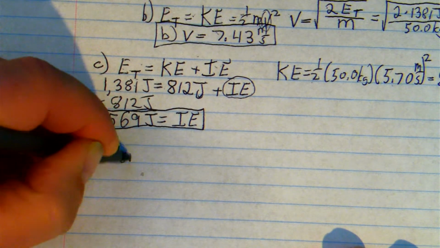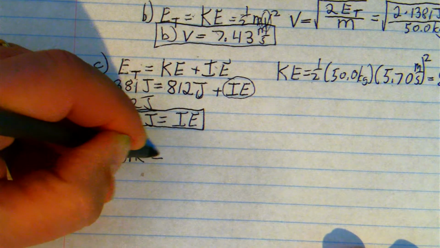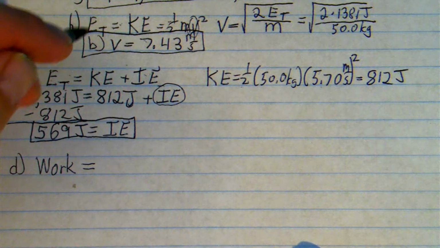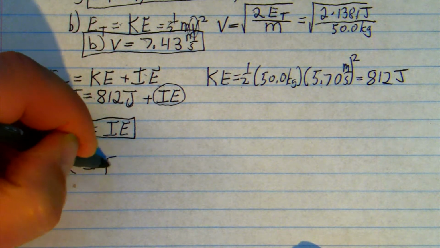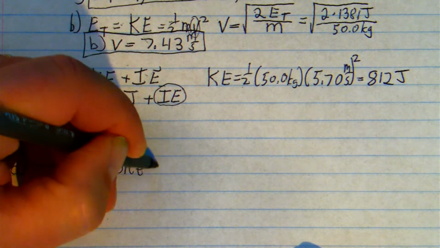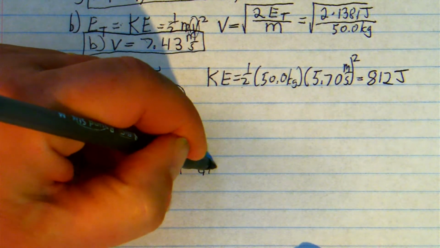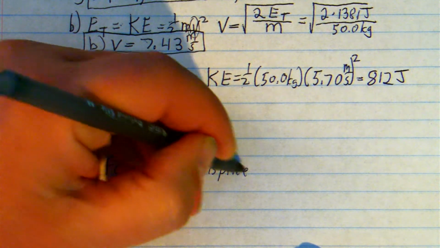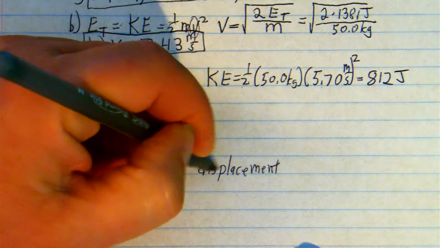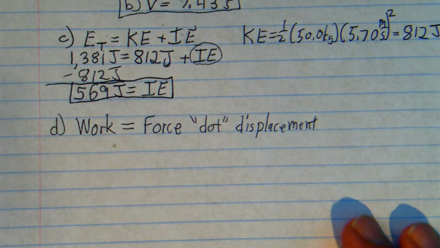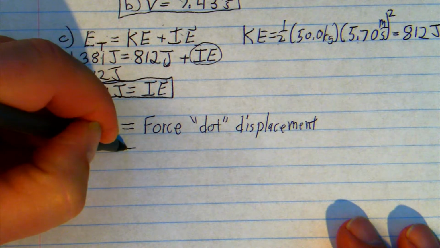Work is defined in physics as the product of force dot displacement. Work is force dot displacement. So what is that mathematically?